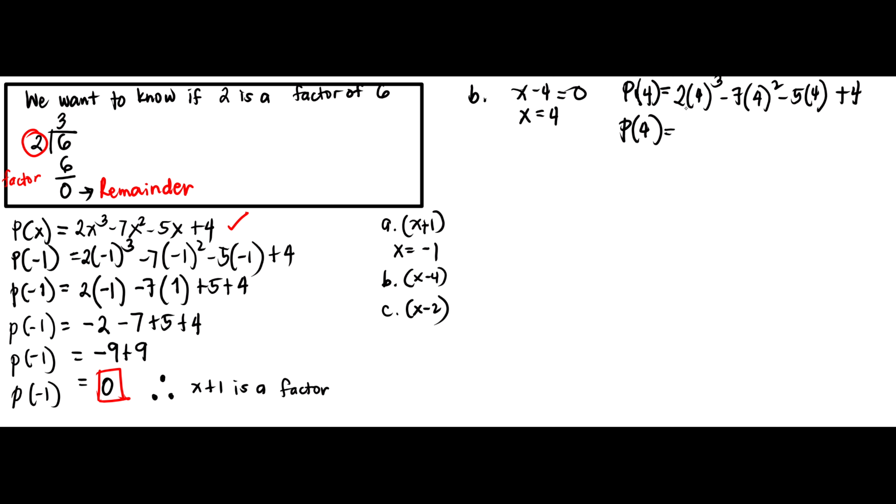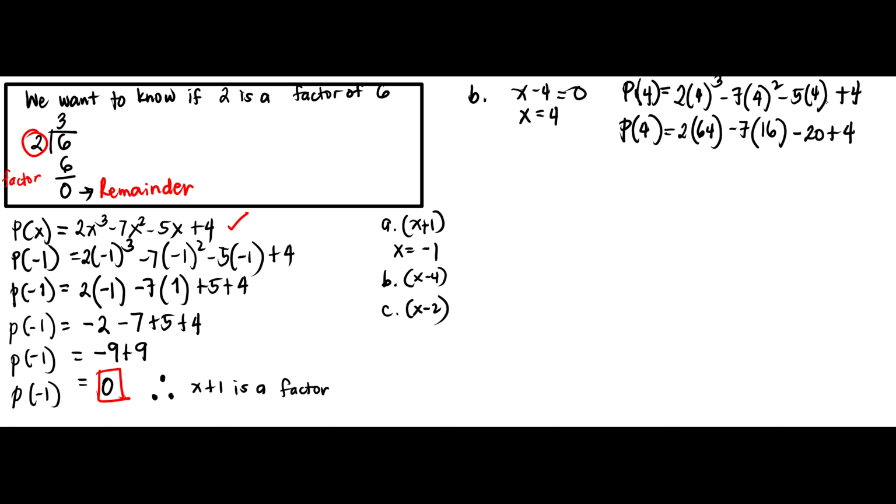So, that's 2 times, what is 4 cubed? 4 times 4 is 16. Then, 16 times 4, that is 64. Then, we have 7 times 4 squared, that's 16. Minus 20 plus 4. Saan ang galing yung 20? 5 times 4.